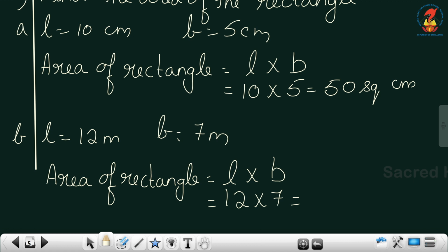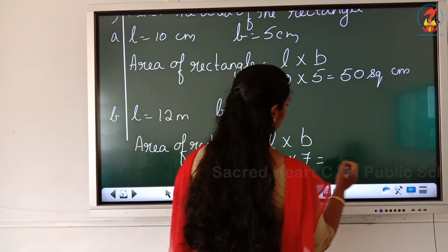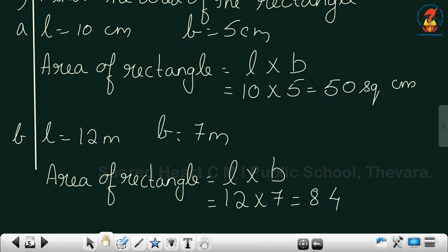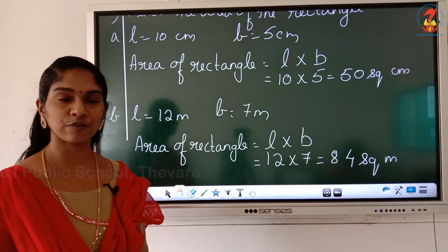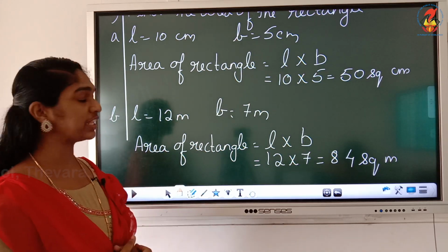Yes, 12 into 7 is equal to 84. 7 2s are 14, carry 1, 7 1s are 7 plus 1, 84. But what is the unit over here? Unit is meter. So, 84 square meter. Okay. So, this is how you find the area of rectangle.